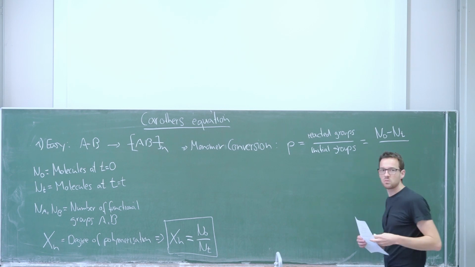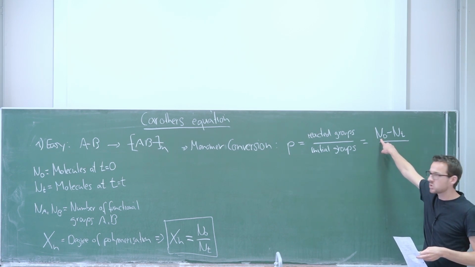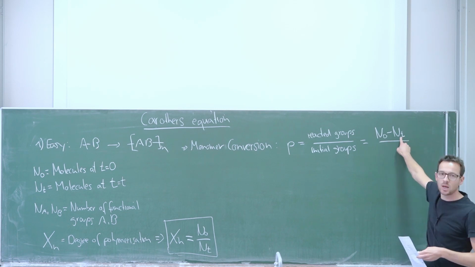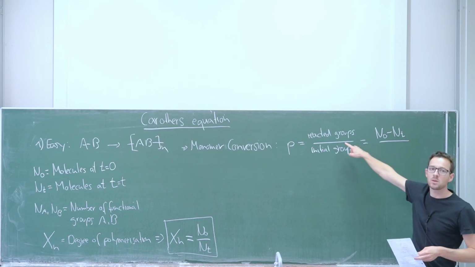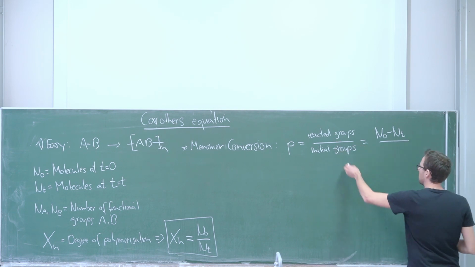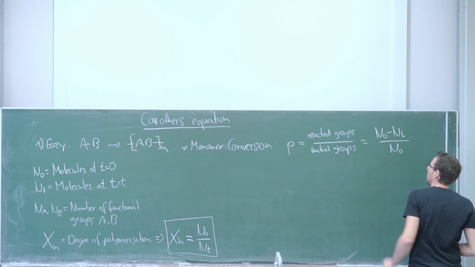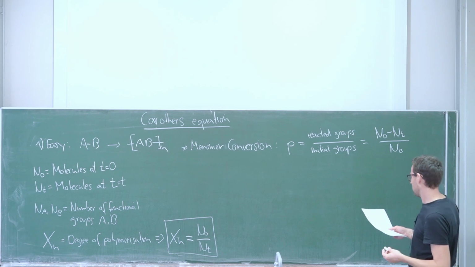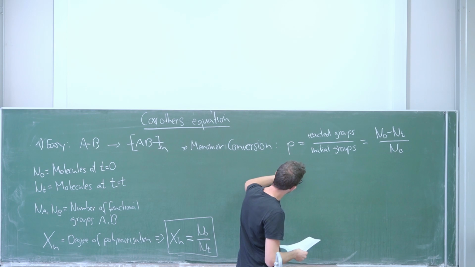So per reaction, we lose one functional group. So in the beginning, we have N0 functional groups. At a certain time t, we have Nt groups. So the difference between them is the number of groups that have reacted. And the initial groups, in our simple case, as we said, equals N0.